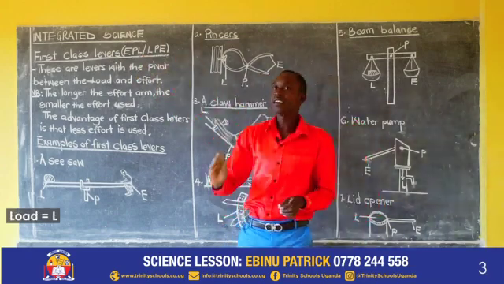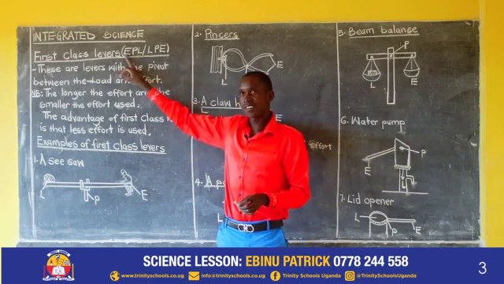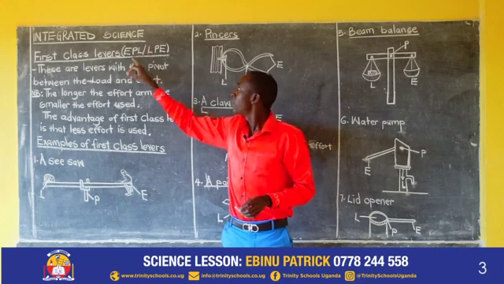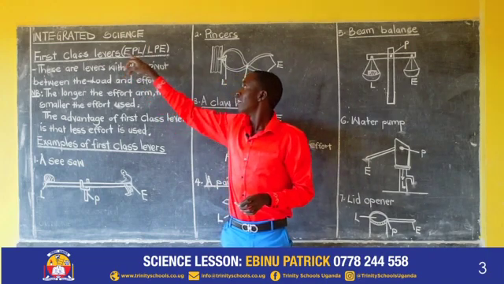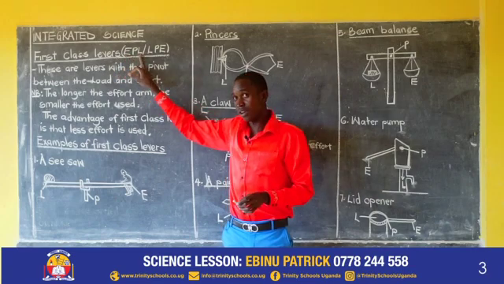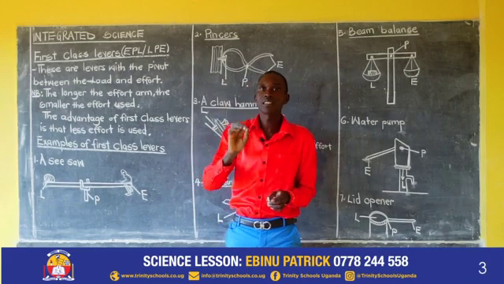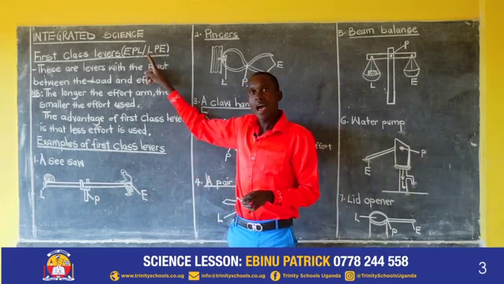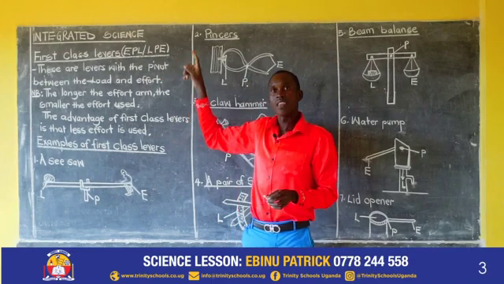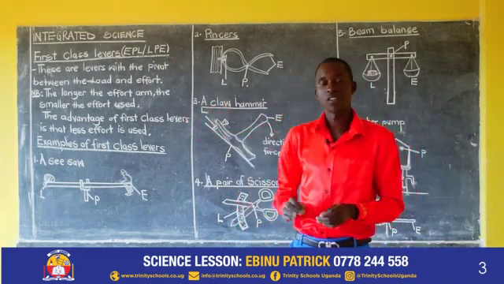We are seeing the pivot is in between the effort and the load. The pivot, or the fulcrum, is between the effort and the load. Or someone can start with the load and say the pivot is between the load and the effort.